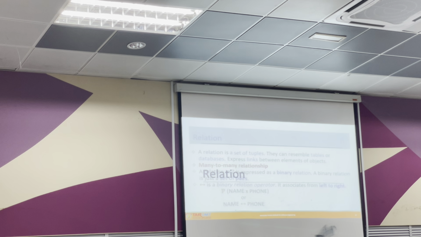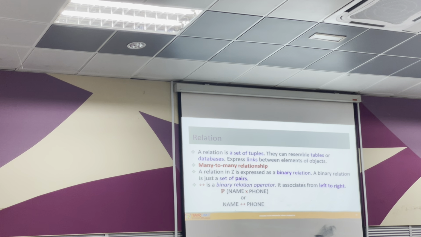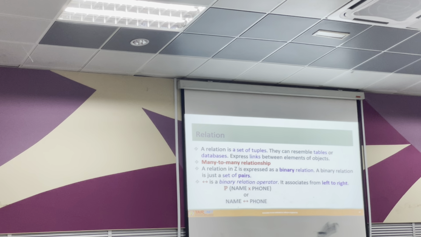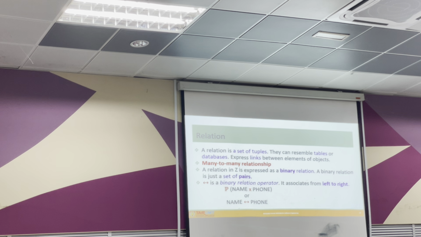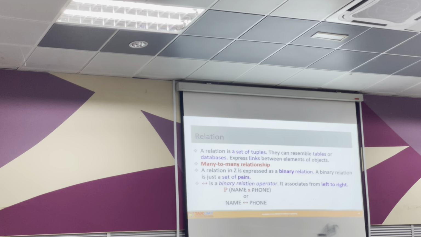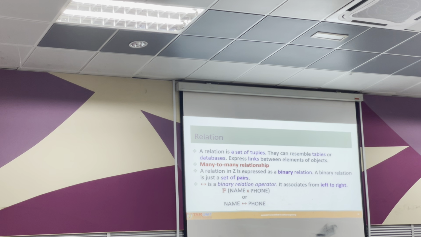Okay, so relation is actually to represent a many-to-many relationship. Remember, I told you it's okay not to resolve your ER diagram, but sometimes it's okay to resolve it. It's up to how you want to handle it. But if you don't want to resolve it, we have a many-to-many relationship symbol to represent it inside your Z schema.